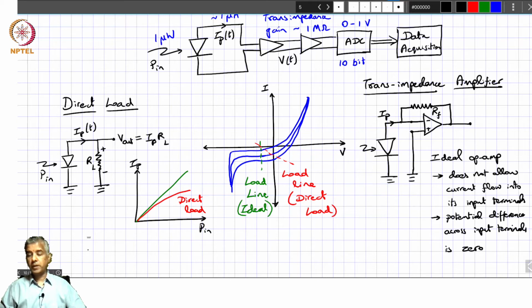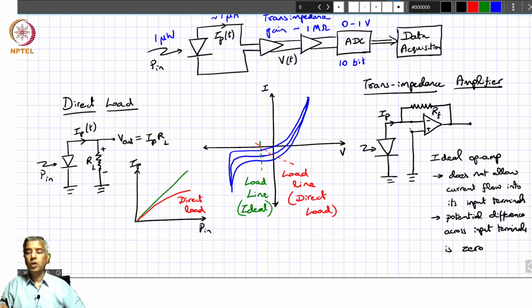So, what does that mean? Because of the current flow over here, if it cannot go here, it goes through the feedback circuit. So, there is a potential that's generated over here. Now, this is virtual ground. So, there is a potential difference between these two.